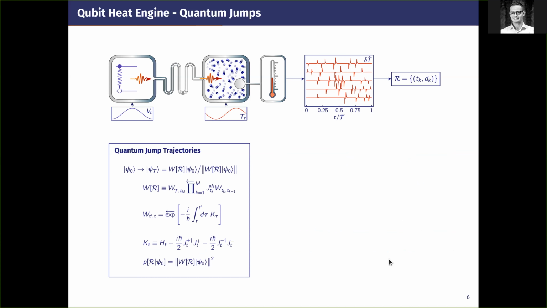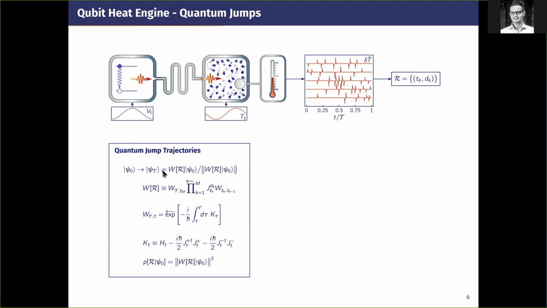That was the ensemble level description, but because we have these quantum jump records, we have much more information. And we can now actually describe the system in terms of quantum jump trajectories, and this theory is here in a very condensed form in this little box. An initial state psi naught evolves into a state psi t over the course of one cycle.